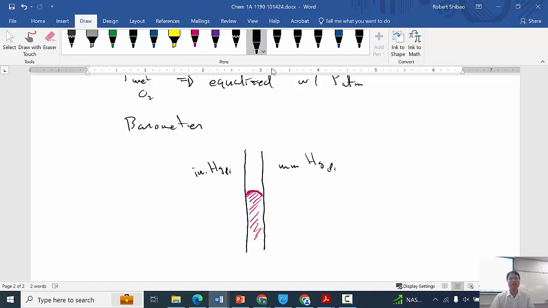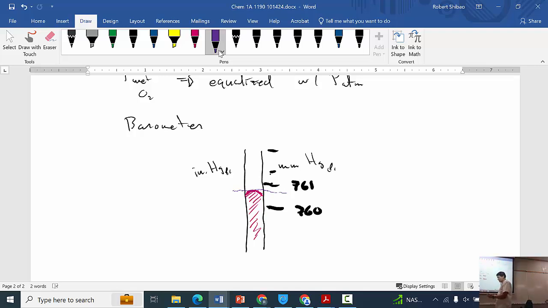And then there's a scale on the right. So let's say today's a pretty nice day. Let's say this is 760, this is 761. Normally what we would do is estimate it by taking a look at where it lands.